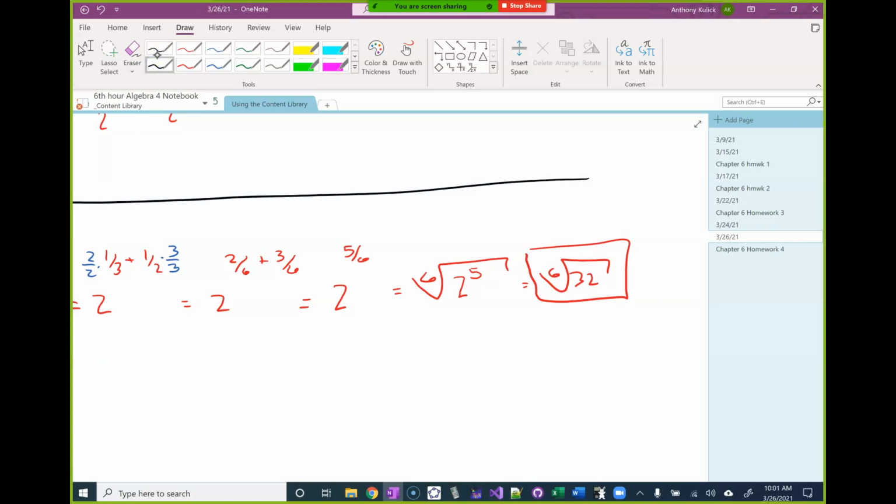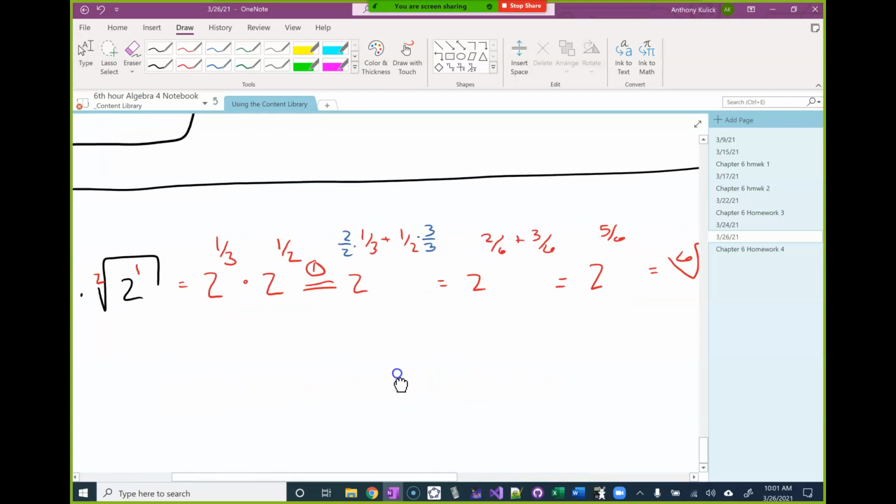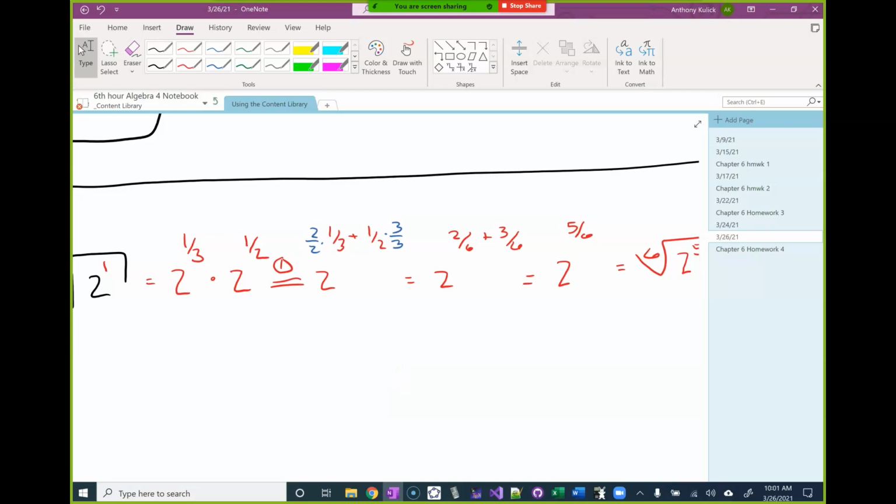So the 2 that was not square rooted at all, the 2 that you have towards the left, at the beginning of the problem, did you end up putting that in the square root after we found the common denominator? You see how you have 2 equal to 2 equal to 2? I have 2 to the 1/3 times 2 to the 1/2 equal 2 to the 1/3 plus 1/2. So there is no 2.